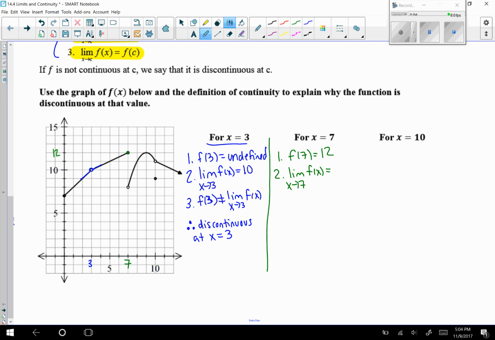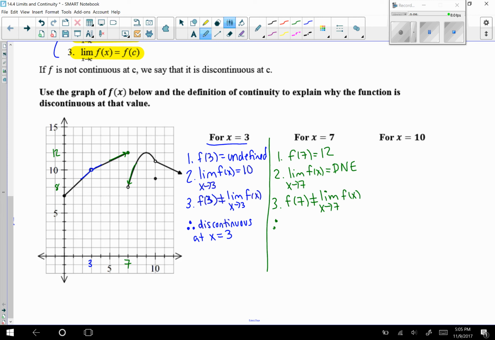From the left side of our function, we are approaching a y value of 12. From the right side, we're approaching 5, 6, 7, looks like 8. Because the left and the right side are coming to two different values, I know that the limit as x approaches 7 for this function does not exist, so D and E. The third part would be to state that f of 7 therefore does not equal the limit as x approaches 7 for the function f of x.